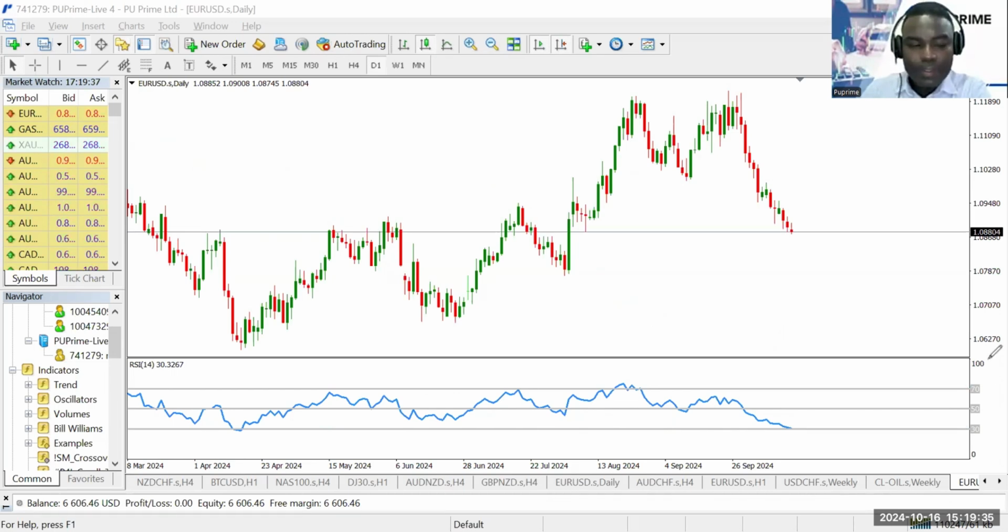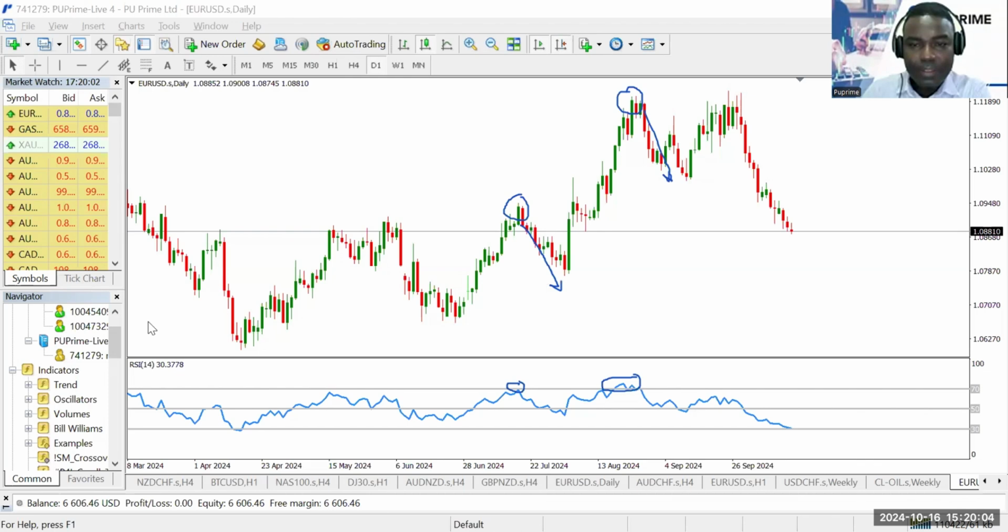So again, just like what we discovered on the stochastic oscillator, for the RSI, whenever price gets to 70 or above 70, we see that price reverses from buying to selling. Again, here price slightly touched the 70, and you can see there is a reversal in price.